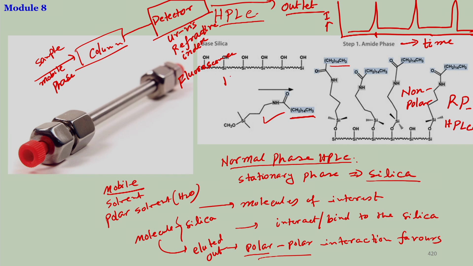This was polar, this is non-polar. So, once you have now non-polar material, things become very different, and I have talked about the details of the reversed phase HPLC working principle in the last lecture.